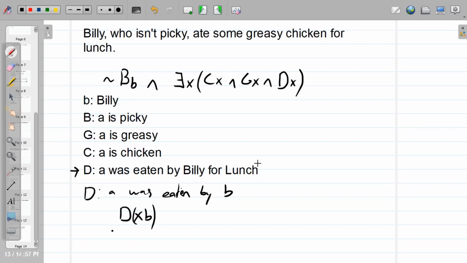It's just that given this symbolization scheme, you're always doing symbolizations relative to a symbolization scheme. If I don't give you a symbolization scheme, if you get to make up your own, do you know how you symbolize every sentence? P. That's it. If you get to decide your own symbolization scheme, here's how you can symbolize literally any sentence. P. It's very easy. But it's always given a symbolization scheme that we're doing these symbolizations. Does that answer your question? So there's no principled reason why we didn't have a different symbolization scheme. That's just the one I assigned.